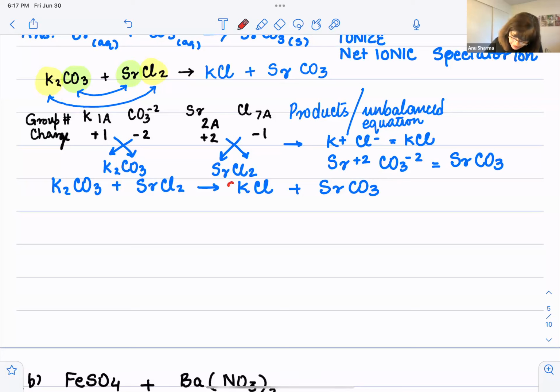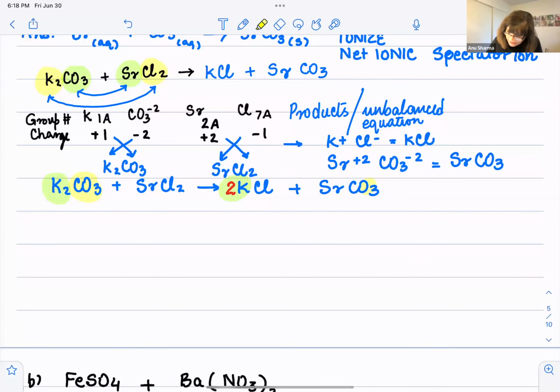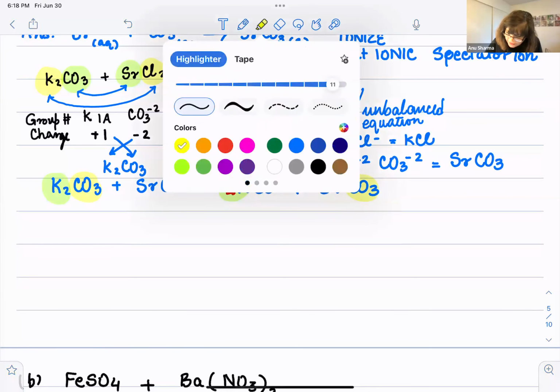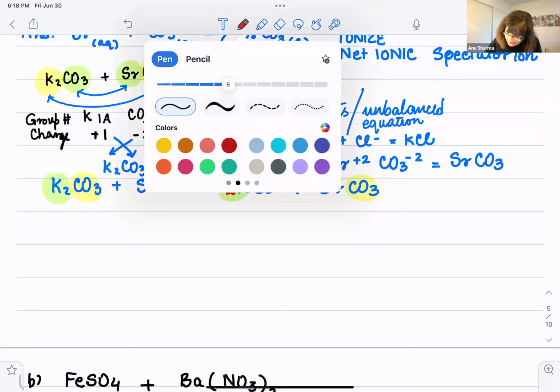So if you put a 2 here, this makes 2 chlorines also. Chlorines and potassiums got balanced, so now this is all balanced. There are 2 potassiums, 2 potassiums, 1 carbonate, 1 carbonate. Sorry, one second, let me get another color.